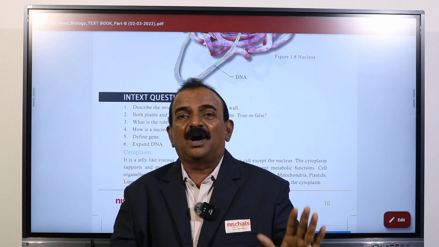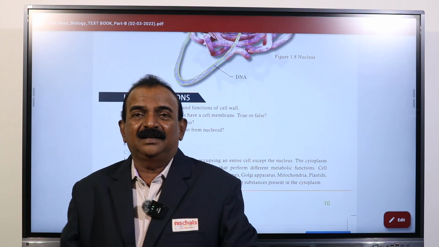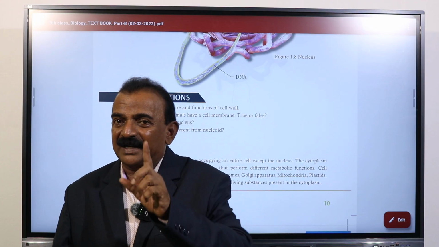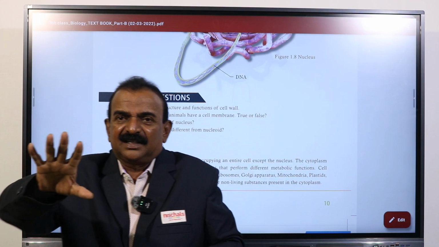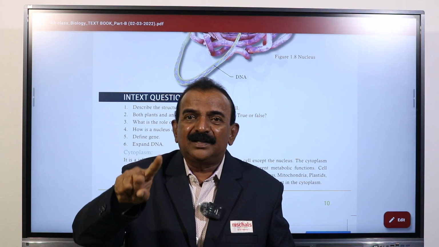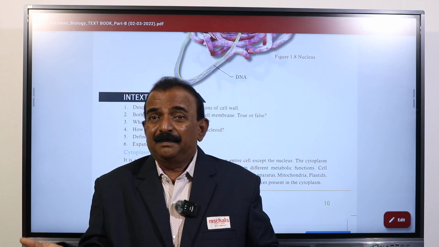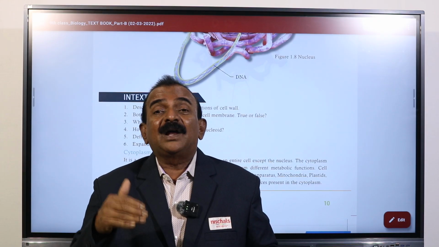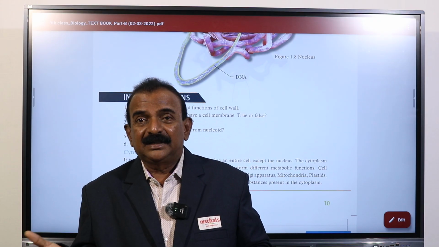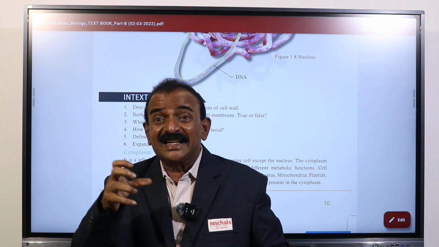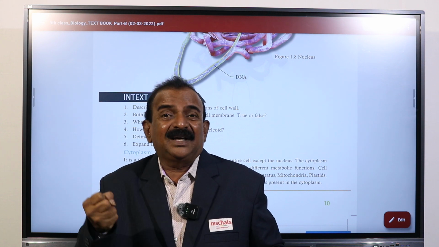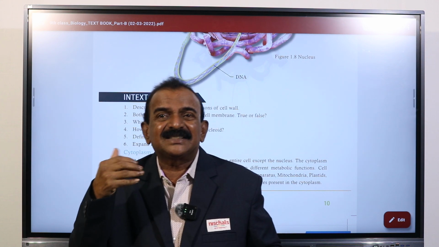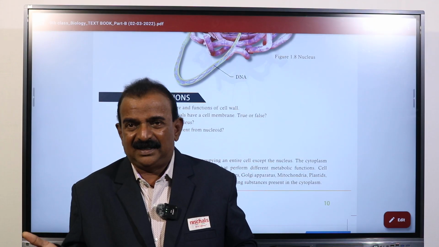Cell wall is present in case of plant cell and also in case of bacterial cell. In case of plant cell, cell wall is made up of cellulose, but in case of bacterium, it is made up of polysaccharide, also proteins. And cell wall provides rigidity and it protects the inner content of the cell, especially plant cell.